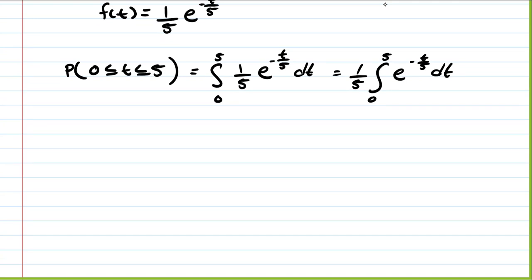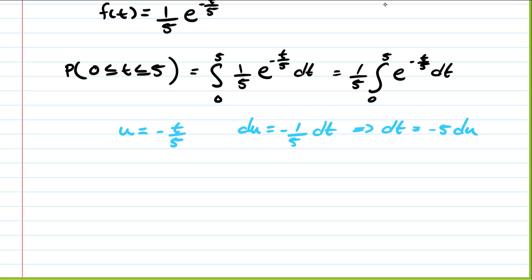So what's our antiderivative of e to the negative t over 5? If you don't remember, we'll just do our u substitution. Let u equal negative t over 5. Then du is equal to negative 1/5 dt. So solving for dt, dt is equal to negative 5 du. Since we have limits of integration, let's switch our limits.